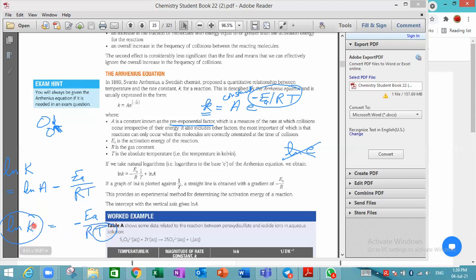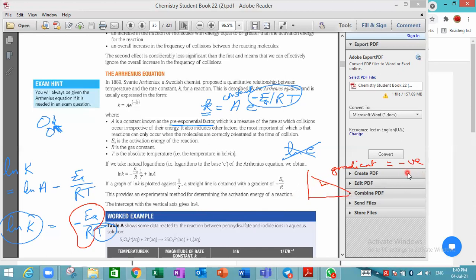If we plot such a plot, we will get a straight line with a negative slope or negative gradient, and the slope equals minus Ea over R. If we calculate this gradient, we get a negative value because the straight line goes from left to right, downward.